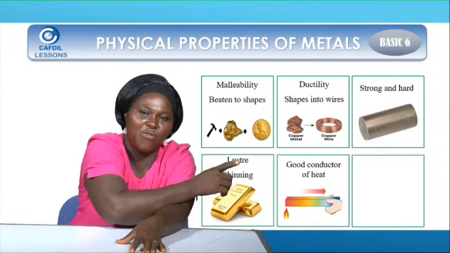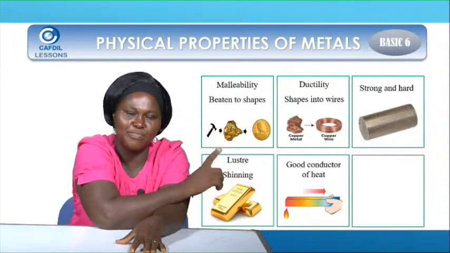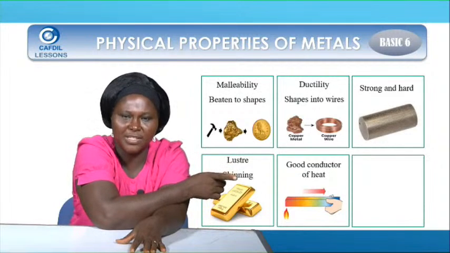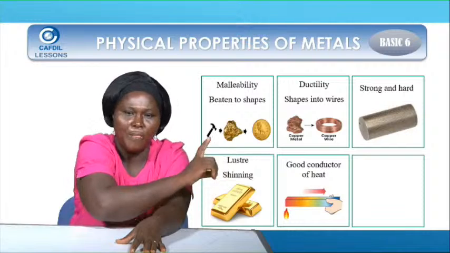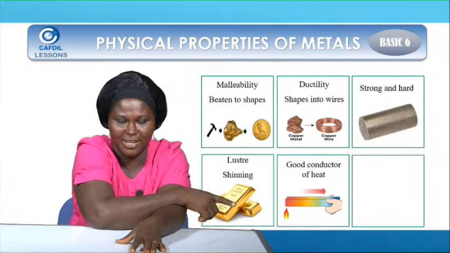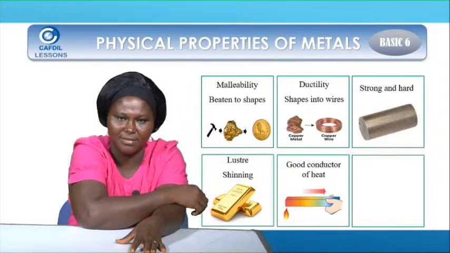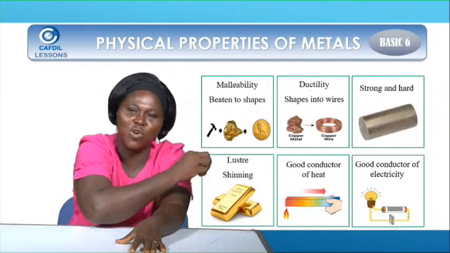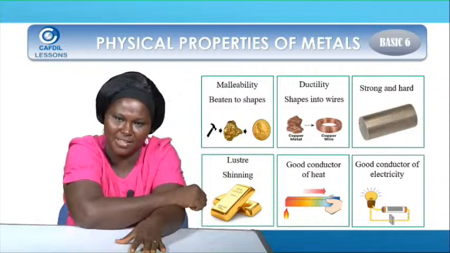Good conductor of heat. We saw that metals are good conductors of heat. When you put any metal in fire, the particles will expand and it will heat. And we have good conductor of electricity.